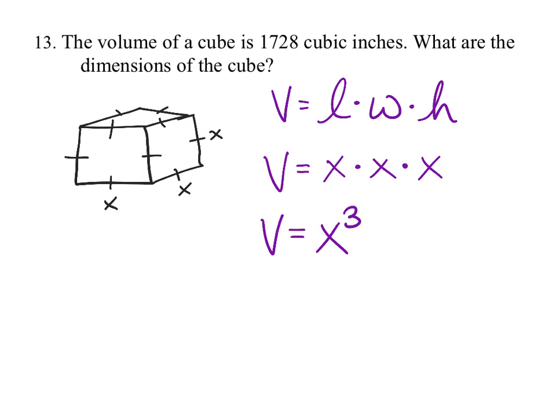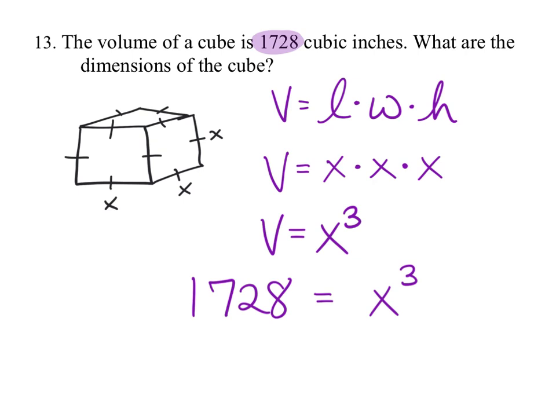What does the problem tell me the volume of the cube is? 1,728 cubic inches. So that must be equal to x to the 3rd power, because that's the volume.